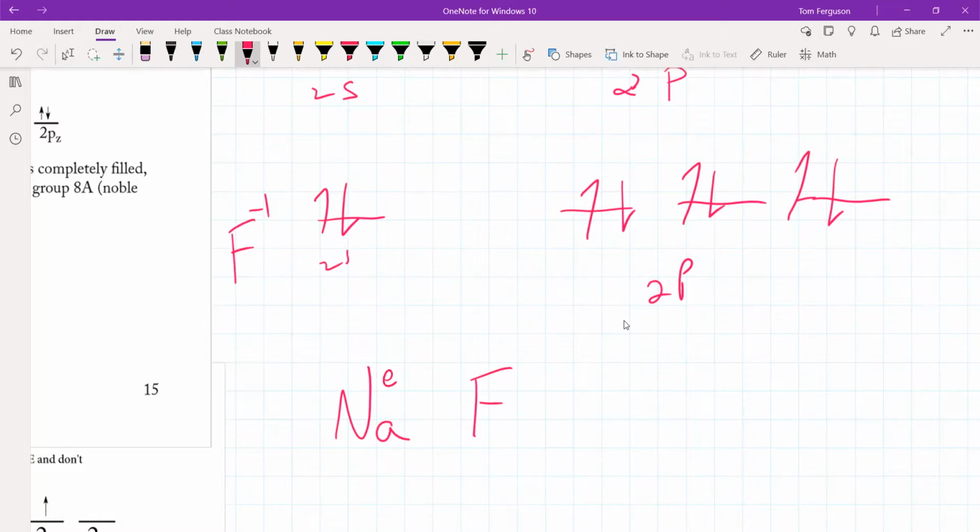So the electron from sodium goes over to fluorine, and they both win. Now, the reason why sodium is so prevalent in the world is because the sodium cation is so stable, extremely stable. Sodium is all over the place.